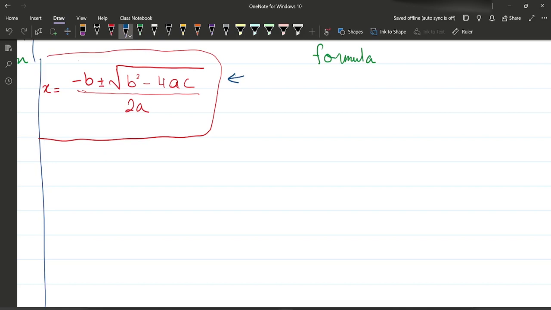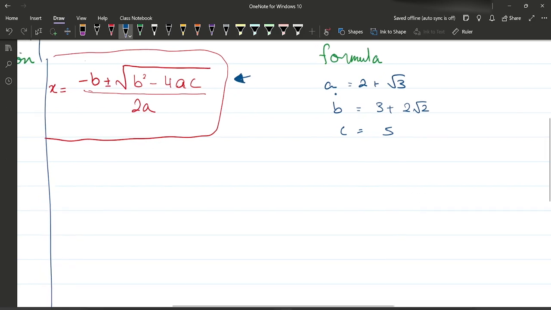You have something like 2 plus root 3 as your A, and your B could be 3 plus 2 root 2. Your C could be 5. So you can't really factor this out because you have to use this formula. This formula is very handy. It looks a bit daunting and a lot of work, but it is the best you can do.